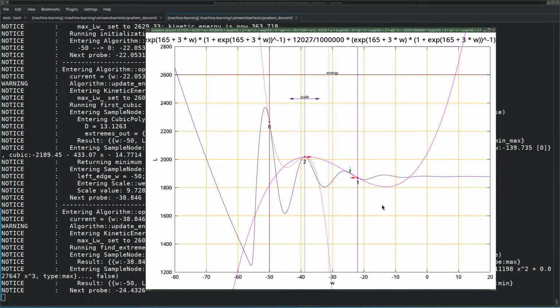Yeah, totally not changed. Apparently it wants to go to the inflection point of this one instead of to the minimum of that one.